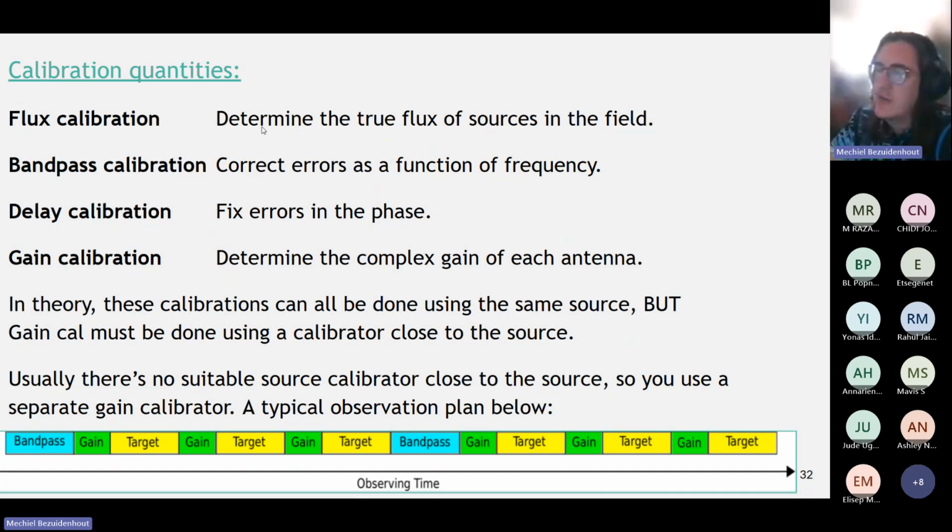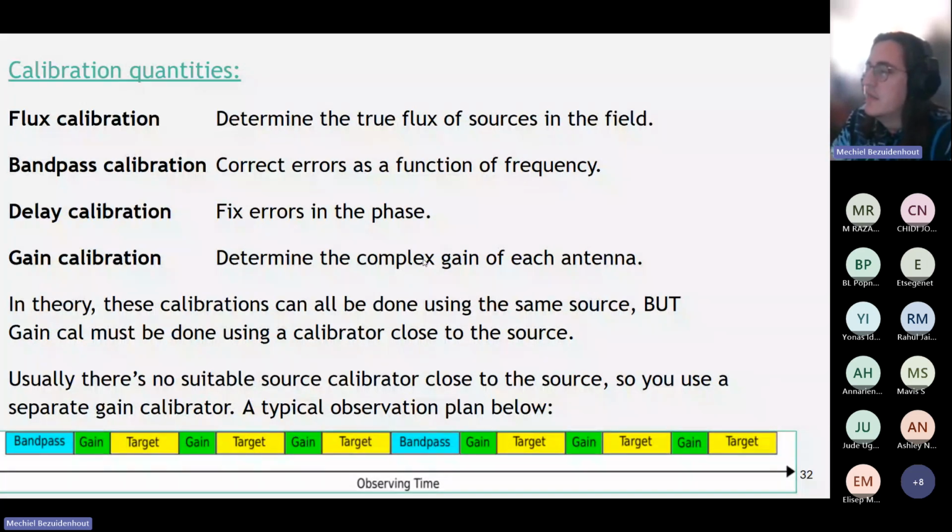So you can make sure that the fluxes actually make sense physically. And then you can do bandpass calibration, which means that you correct the errors in the visibilities that are a function of frequency. And I'll show you some of that in a second. And then you can do delay calibration, which fixes the errors present in the phase. And then you can do gain calibration, which means to determine the complex gain of each antenna.